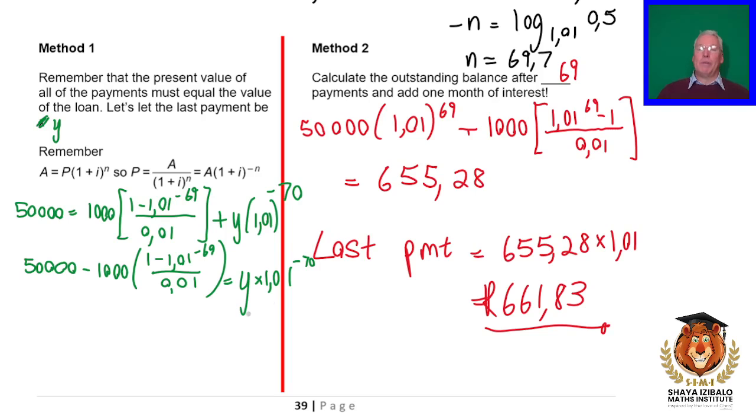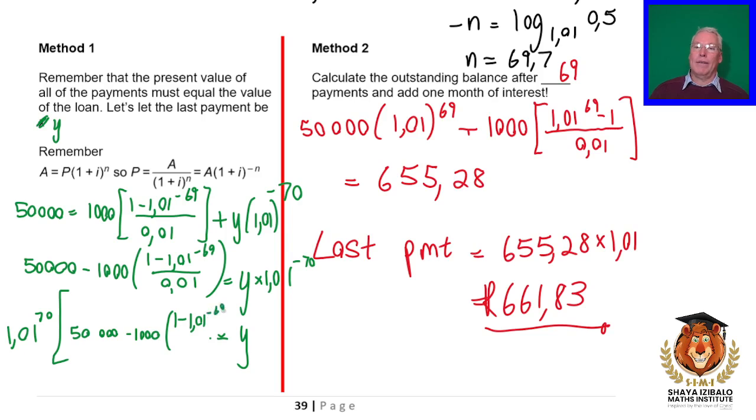Now, if we multiply both sides by 1.01 to the positive 70, that will disappear on the right-hand side and we'll just be left with Y. So we're going to take 1.01 to the 70, and multiply that by all of this other stuff: 50,000 minus 1,000 times 1 minus 1.01 to the minus 69 over 0.01. And that's what Y will equal.